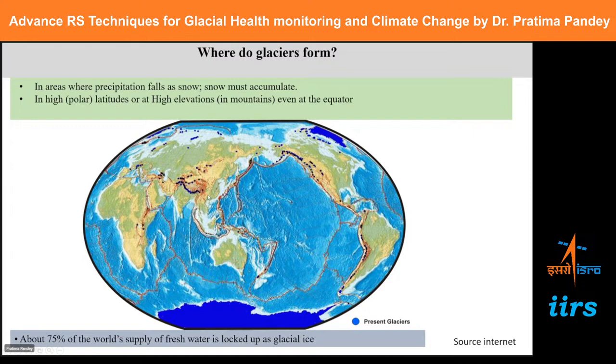So these are the locations where the glaciers are located. And apart from mountains, the latitude, that means the polar region. These two regions, higher altitude and higher latitude, are the regions where we have more snow. The precipitation is more in the form of snow, and snow gets accumulated. So these are the regions where we have glaciers: polar regions and mountain regions.